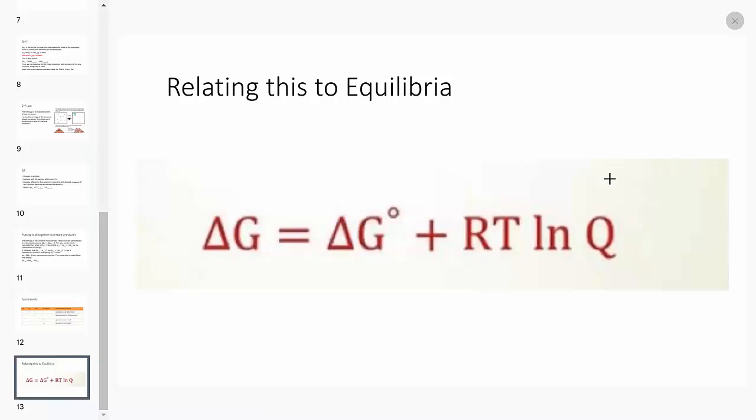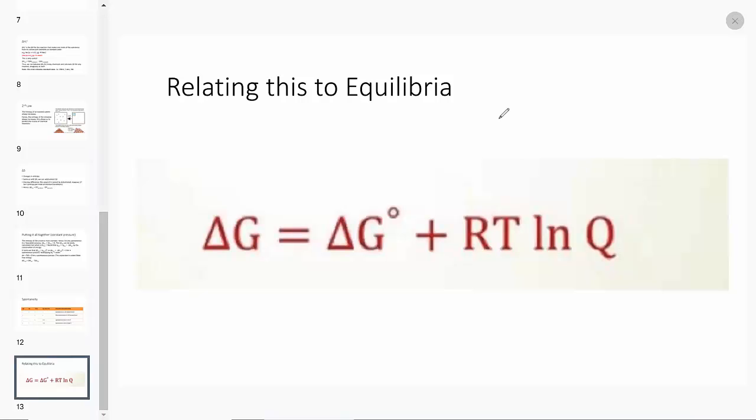So once the reaction has reached equilibrium, nothing happens, right? Because everything's in equilibrium, nothing happens. In other words, delta G is 0. Once delta G reaches 0, nothing happens, right? Because there's no change in free energy.